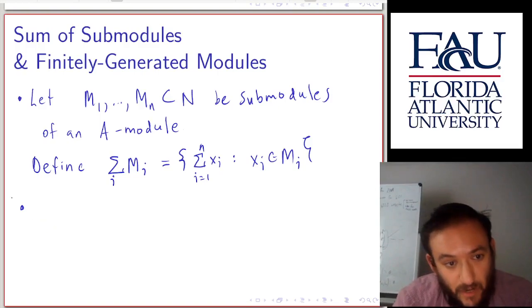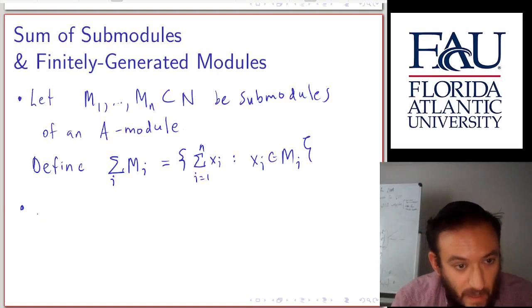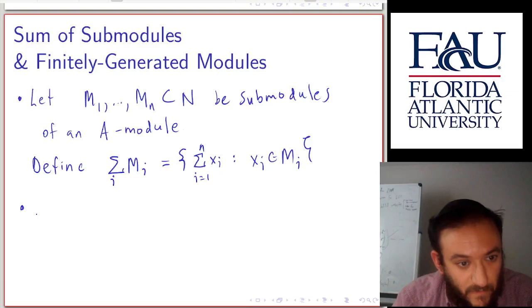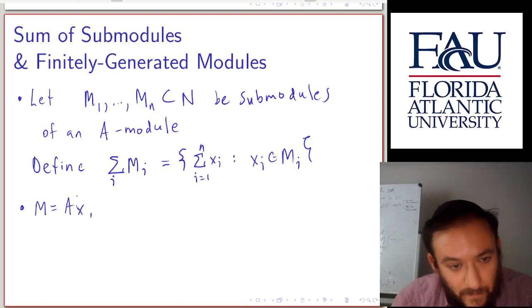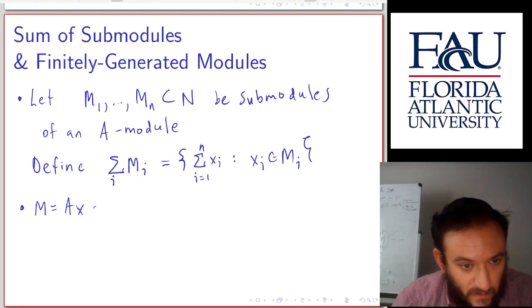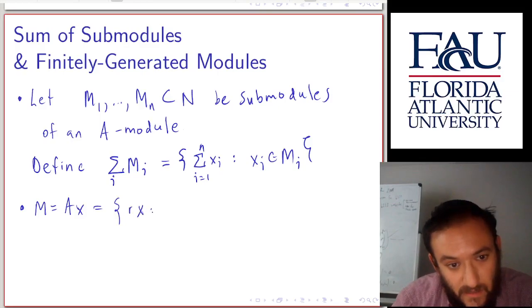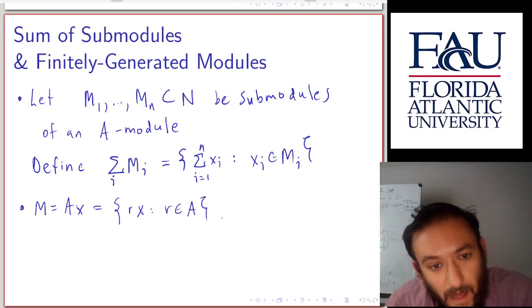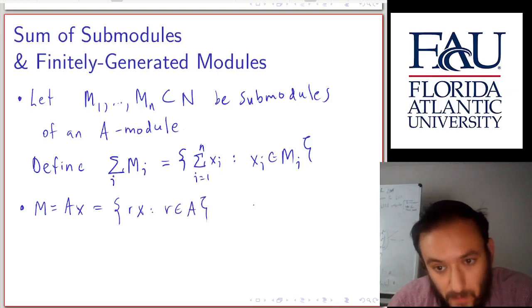So a module generated by a single element together with multiplication by A is called a cyclic module. So if you have M equals Ax, you can also write this as the set of rx, where r is in A. This is called a cyclic module.